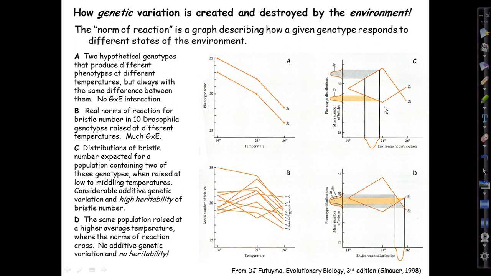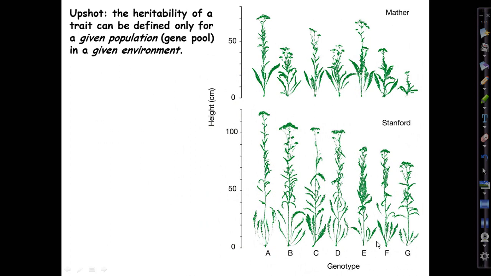That's genotype by environment interaction, and it happens because the two genotypes have quirky, different ways of responding to differences in the environment. So environmental change created and destroyed genetic variation, heritable genetic variation.